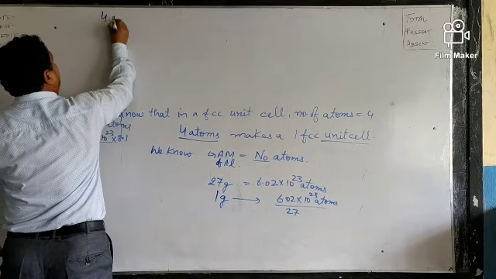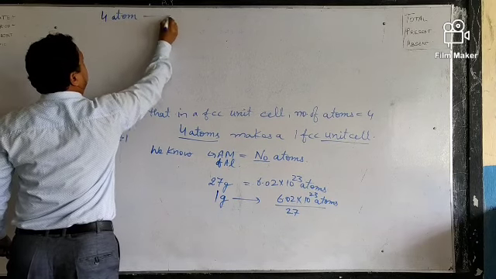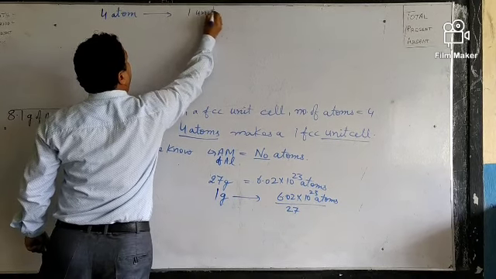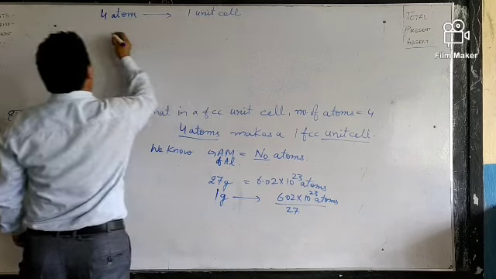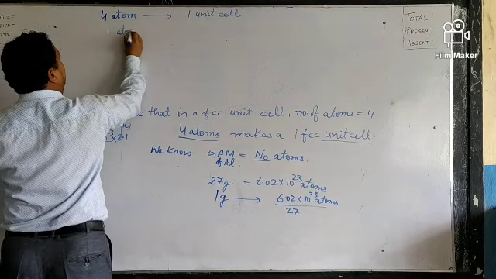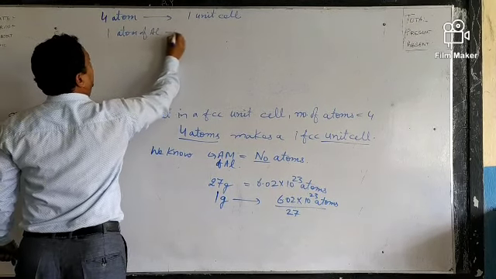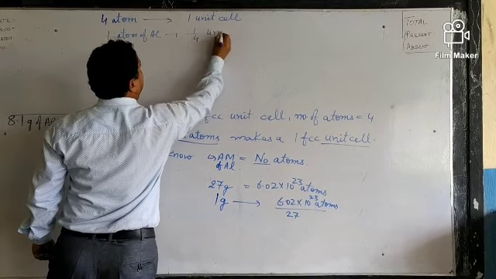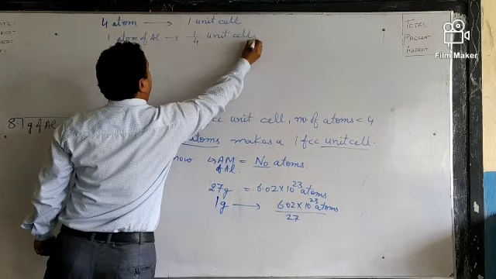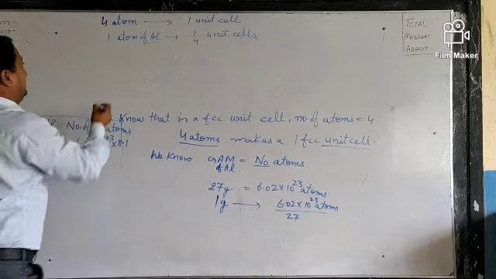Since 4 atoms is equal to 1 unit cell, so 1 atom of aluminium makes 1 by 4 unit cells. So number of atoms we have found out.